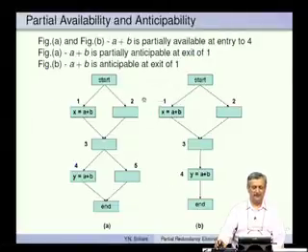So, here is an example of both. In A and B in these two figures, A plus B is partially available at entry to 4. So, here it is partially available because from here you can use this path and it becomes partially available, and for this point 4 we can use this path and it is partially available. It is not fully available in either of them.